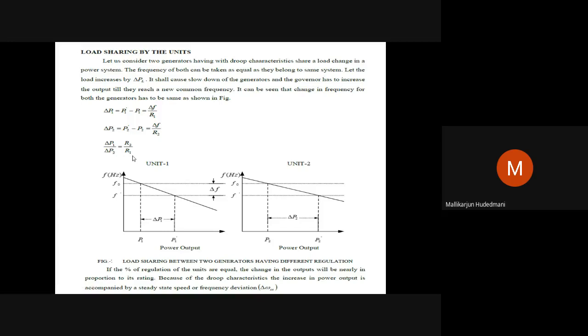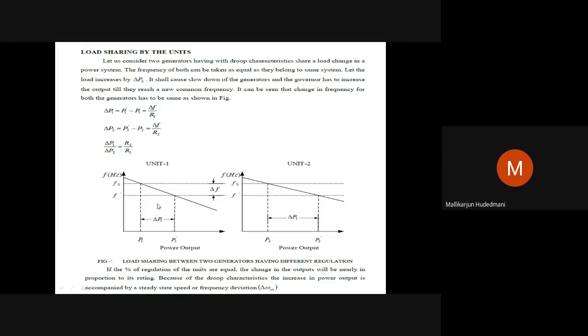Now, if I have a machine with the bigger capacity, surely it shares the highest load as well. Machine with the droop, you can see here, the droop curve, the values of R1, R2, which is sharing. So machine 2 with the R2 value is sharing higher megawatt.